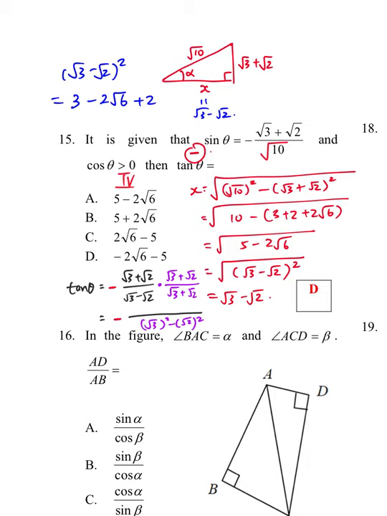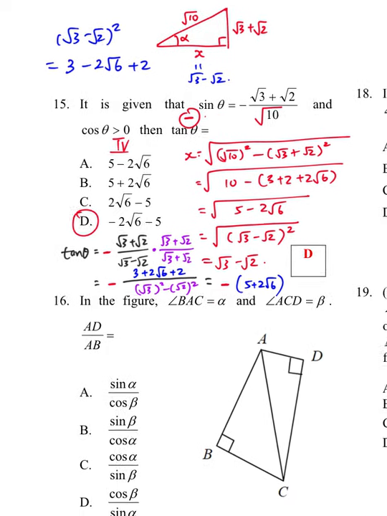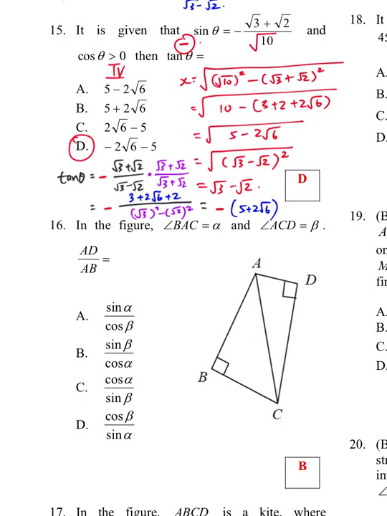And for the numerator part, you will observe that it is 3 plus 2 square root 6 plus 2, and therefore you obtain negative 5 plus 2 square root 6 over 1 as the denominator, and you ignore the 1 and see that the answer will be D. It involves more calculation and simplification in terms of surd. So this is a relatively challenging question. Therefore, I placed it in question 15.